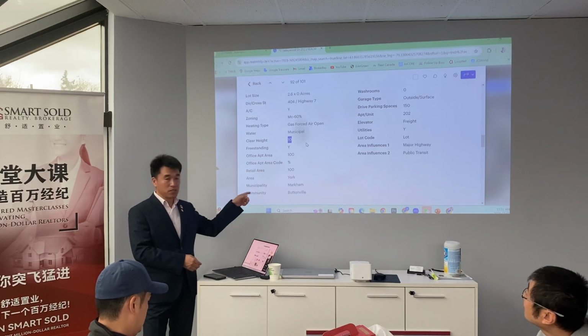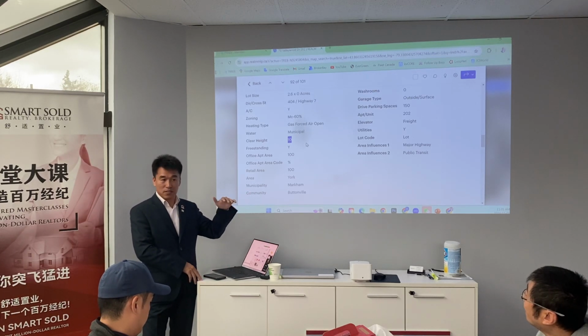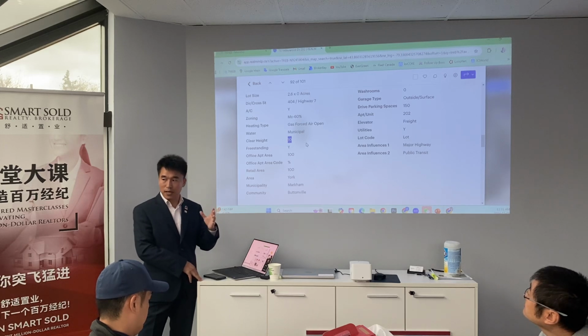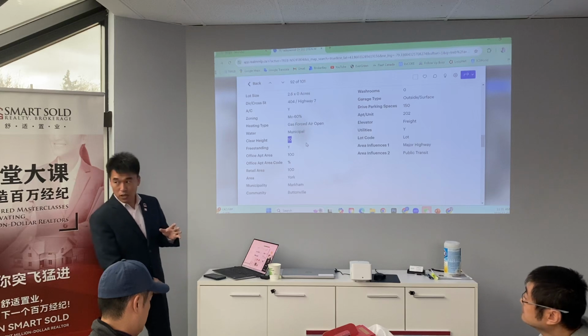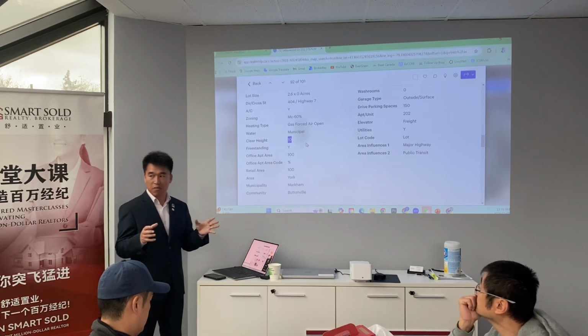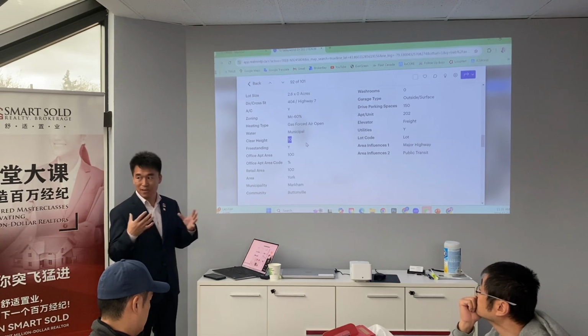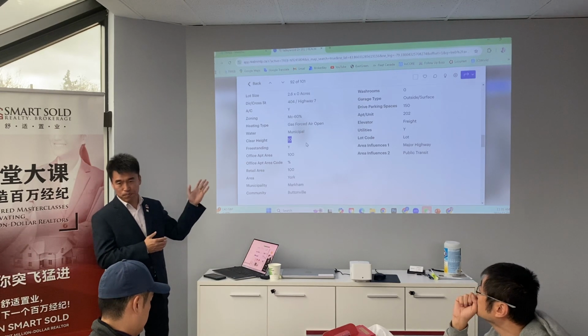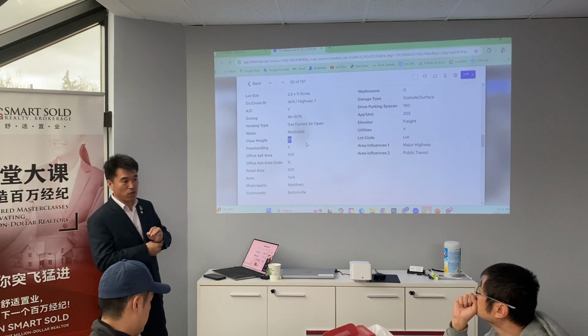Okay, so this building was an office, so it's not too high, to be honest. We are currently turning it into a kind of recreational use, not just office, but for say playgrounds and some clubs, private clubs. So this height is 10. I would say that's kind of standard for office.